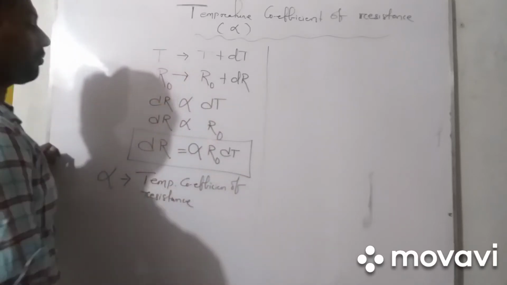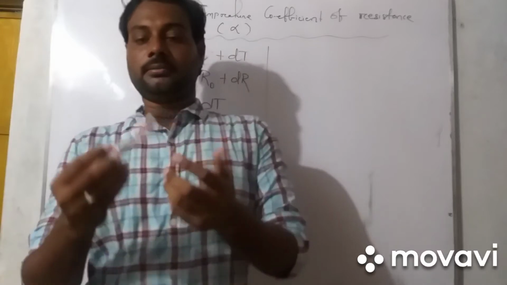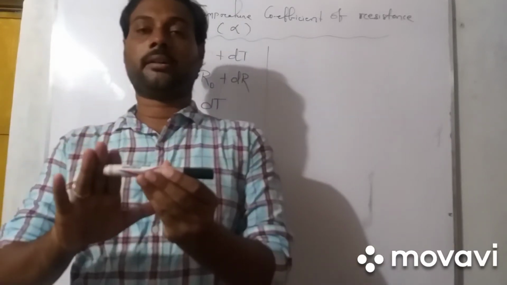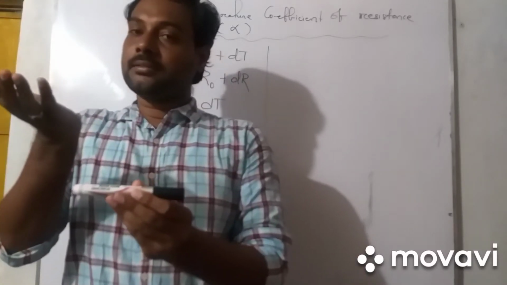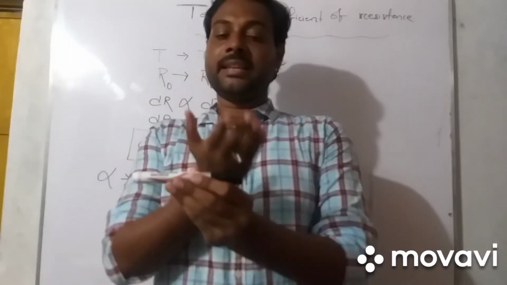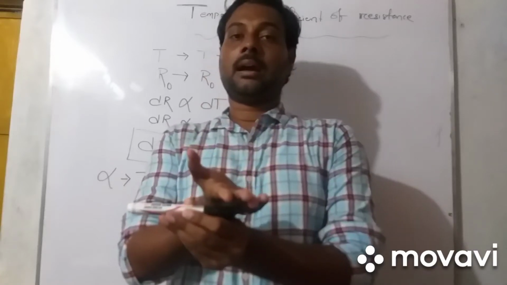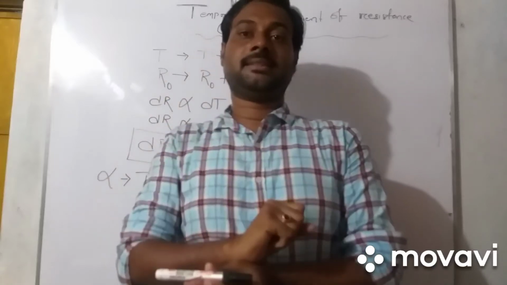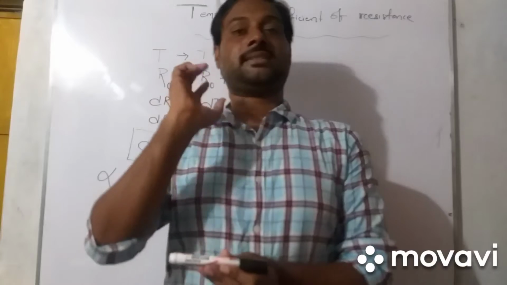Now, initially the material has some resistance R naught at a given temperature. After the increase in temperature, at the final temperature, the resistance increases from R naught to R naught plus dR. That's why the change in resistance depends upon the change in temperature as well as the initial resistance.